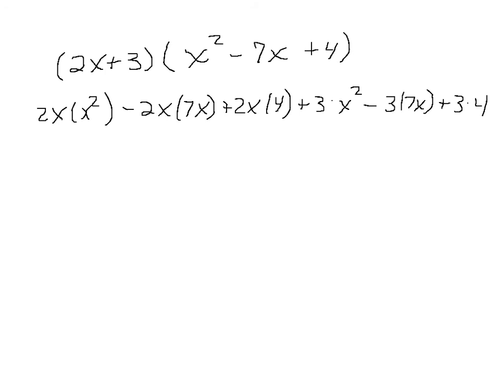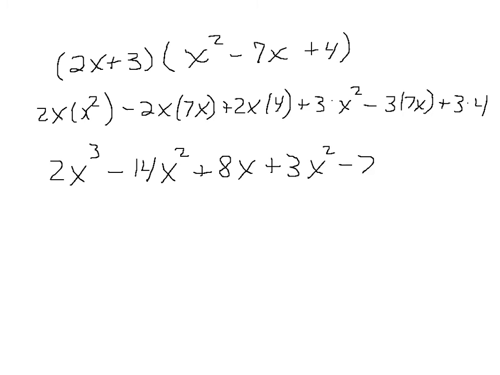So I multiply this all out, and I get 2x cubed minus 14x squared plus 8x plus 3x squared minus 21x plus 12. So at this point, what is it that you think you need to do next?